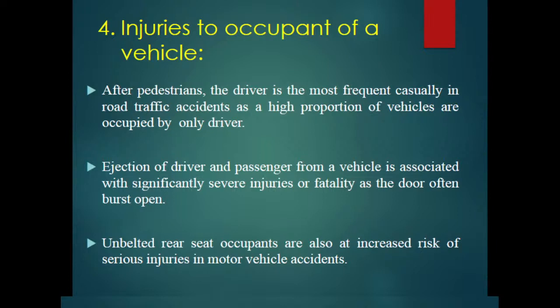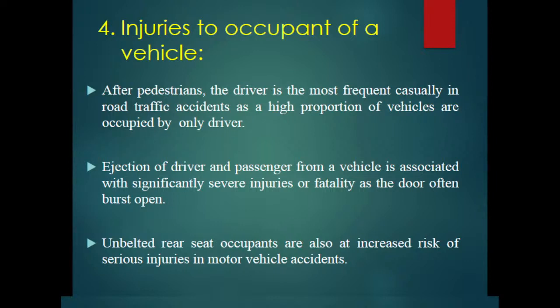The last part of the two-day lecture is to talk about injuries to occupants of the vehicle: the driver and other occupants. After pedestrians, they are the most frequent casualties in road traffic accidents, because a high proportion of vehicles are occupied only by drivers.